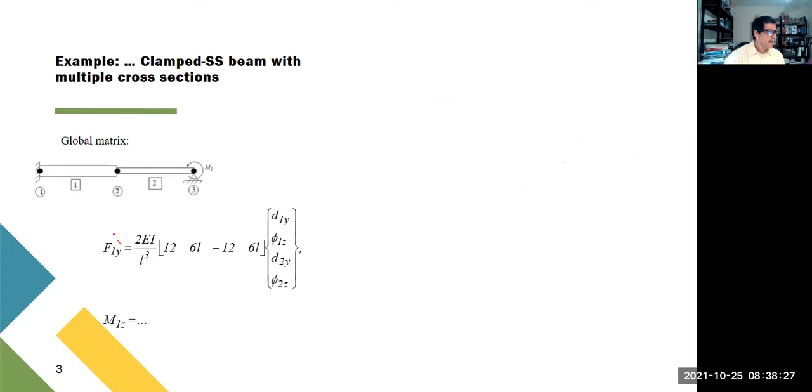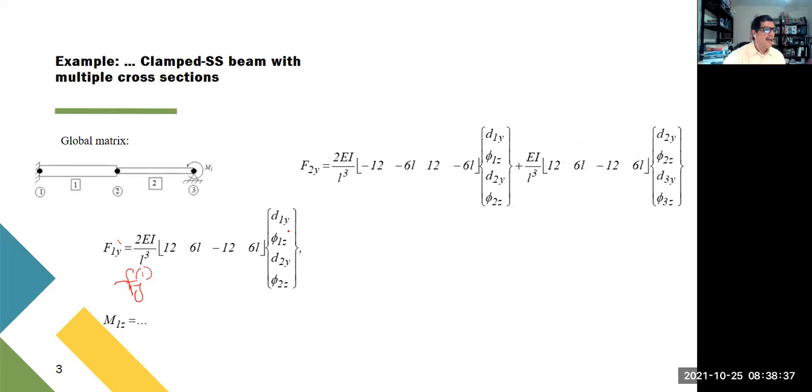So that's the first force, okay? So it's just equal to F1y of the first element. That's easy. That's a bit more complex. So this is what we call F2y of the first element. This is F2y of the second element.